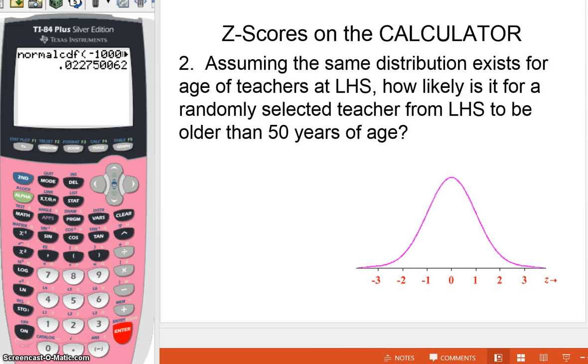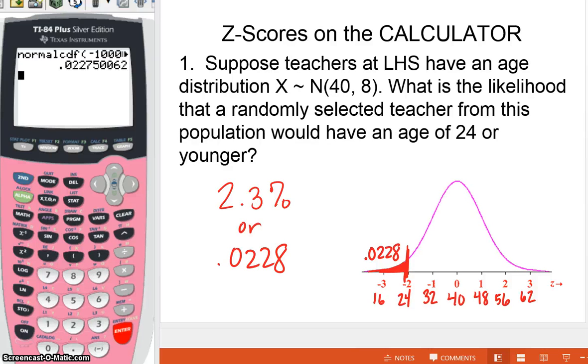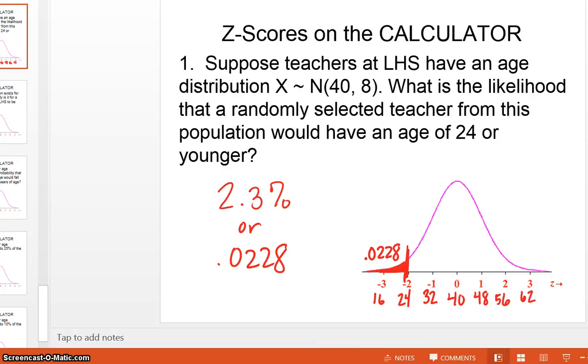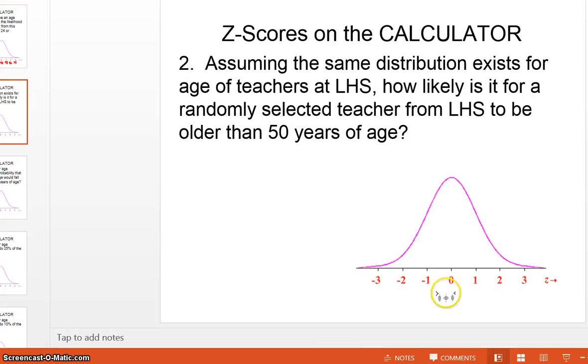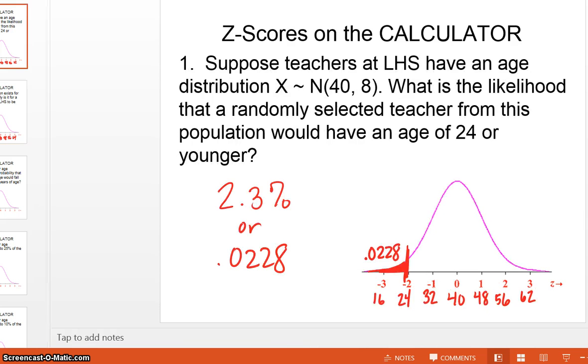Next one. Assuming the same distribution exists for age of teachers at LHS, how likely is it for someone to be 50 or older? Okay, so if we go back to our numbers here, and we fill in our numbers again, we are here at 40, 48, 56, 64. I think I did that number wrong last time, didn't I?